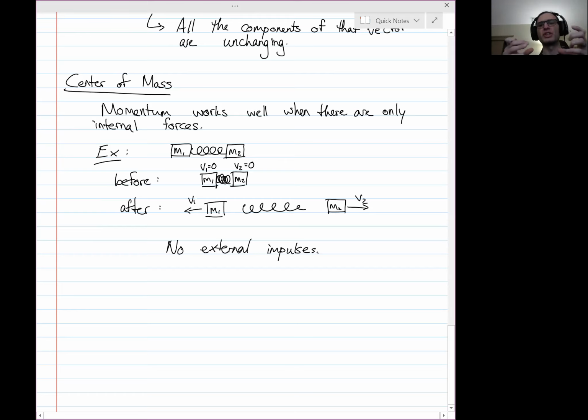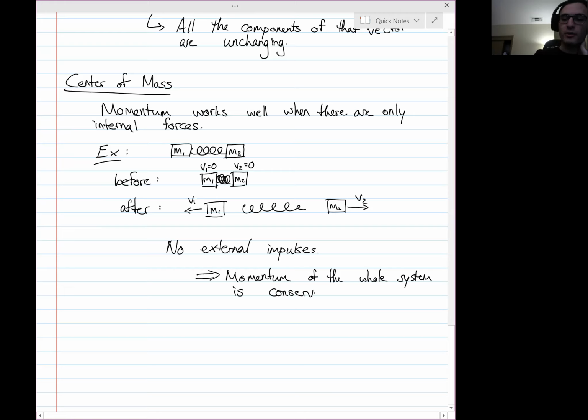I think maybe you just put these on a table so they can slide. So what does that mean? It means that the momentum of the whole system is conserved, right? No external impulses means that the momentum of the system doesn't change.